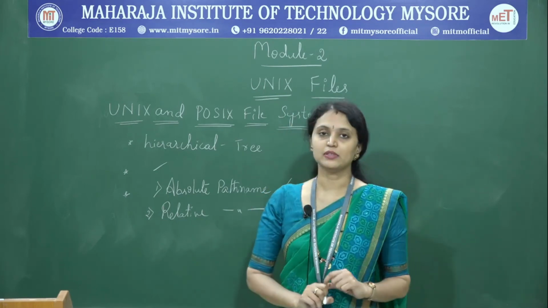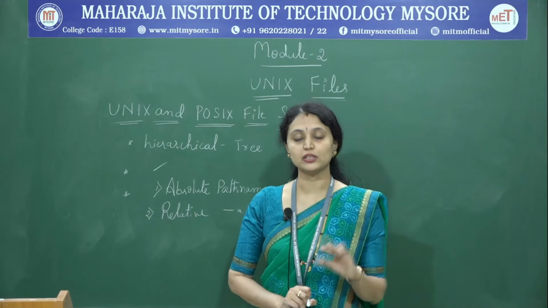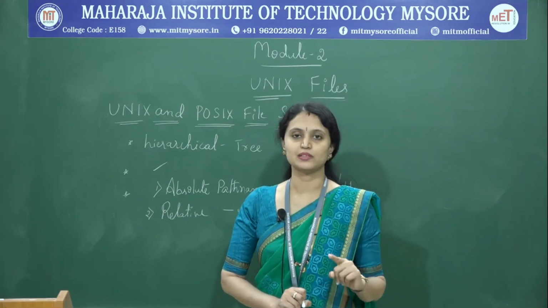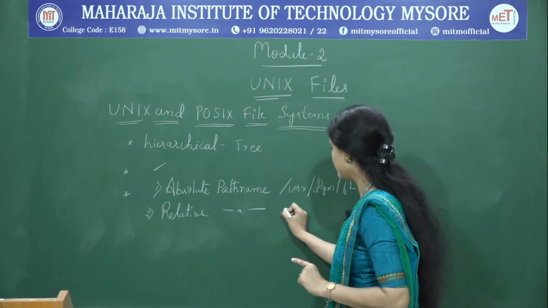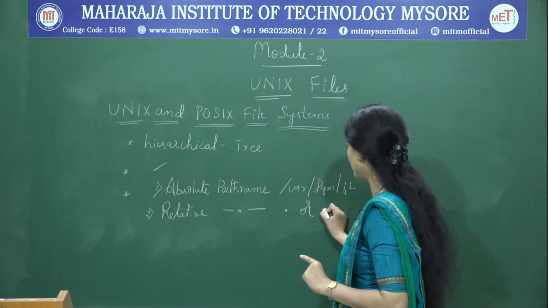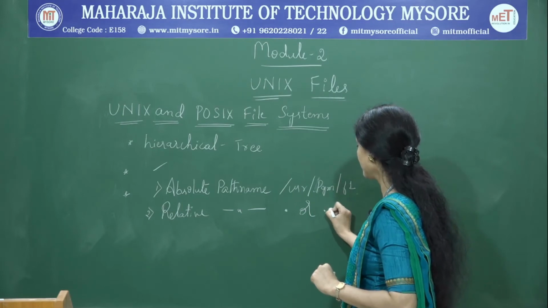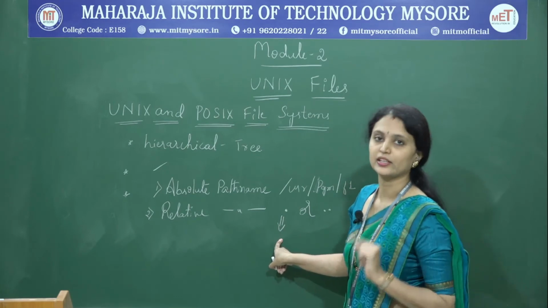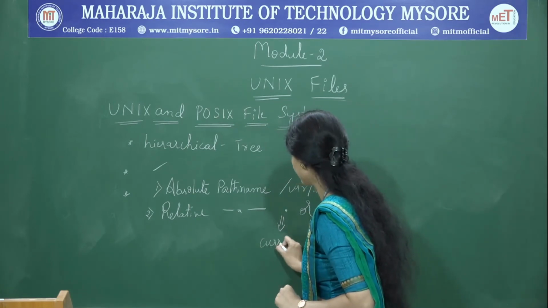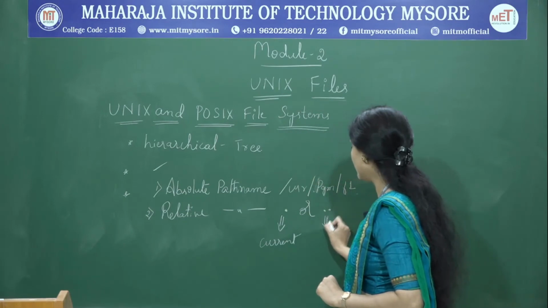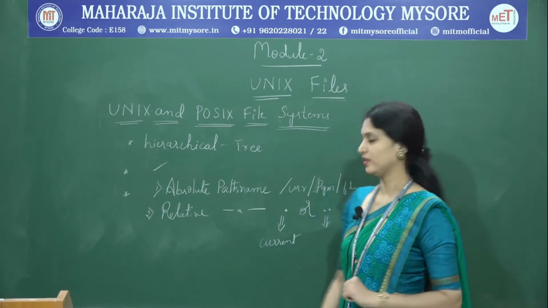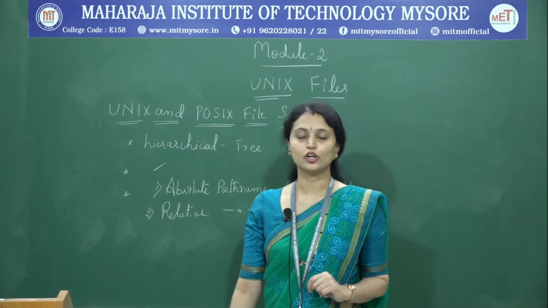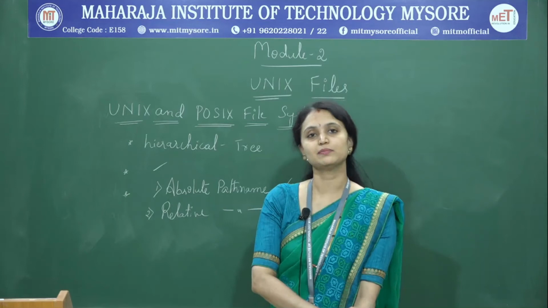Next, the relative path name. A relative path name is represented by using the current directory and by referring to the parent directory. This can be represented by using a dot or a double dot. A single dot indicates the current directory, whereas a double dot indicates the parent directory.